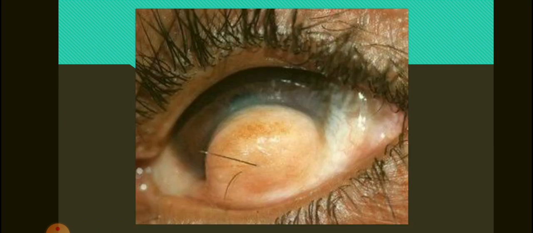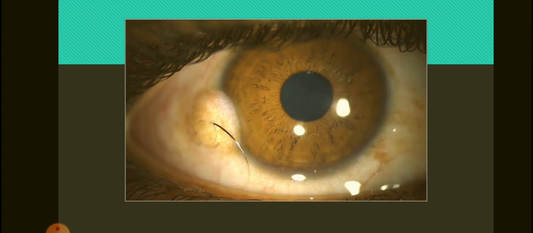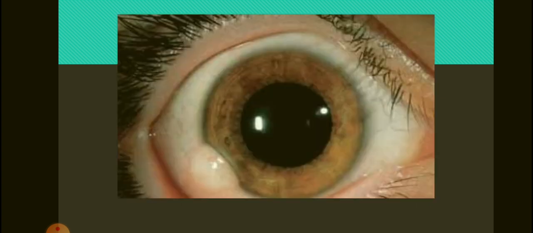They consist of skin with sebaceous glands, and there is presence of hair follicles in the dermoid. As you can see, there is a dermoid in the limbus area, and hair follicles are also there. So this is conjunctival dermoid, also called conjunctival tumor.